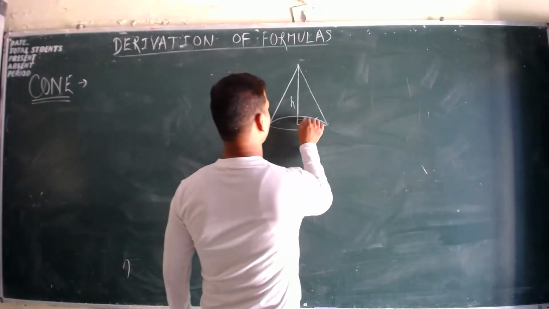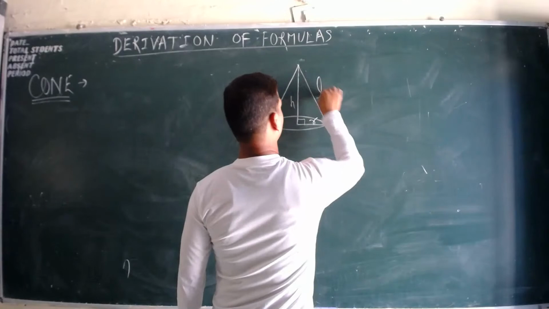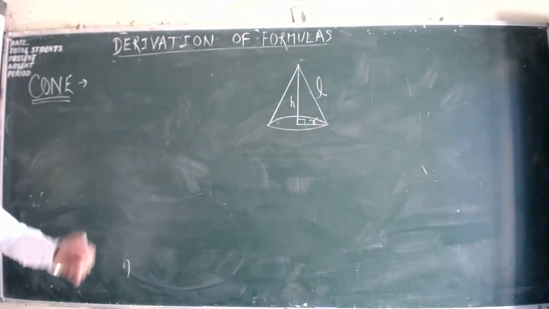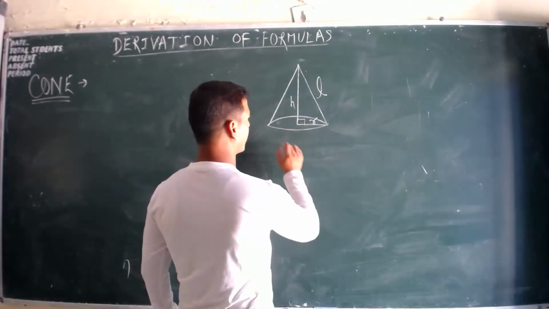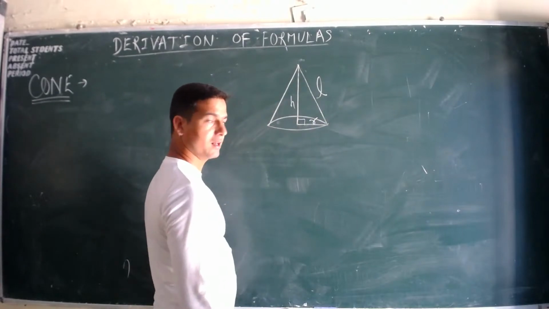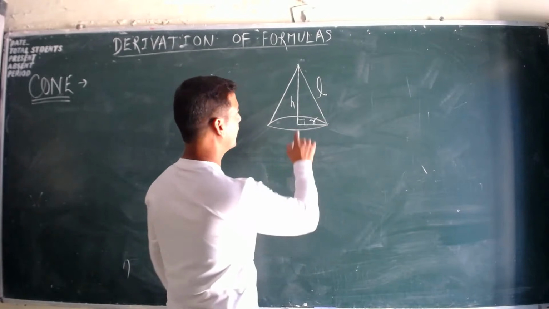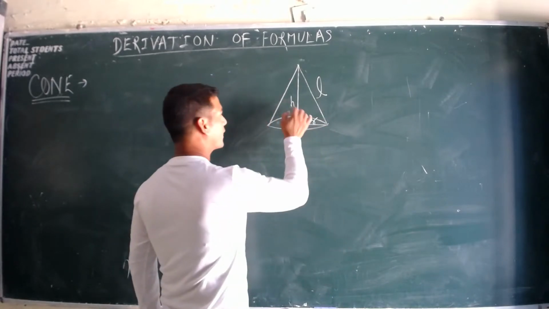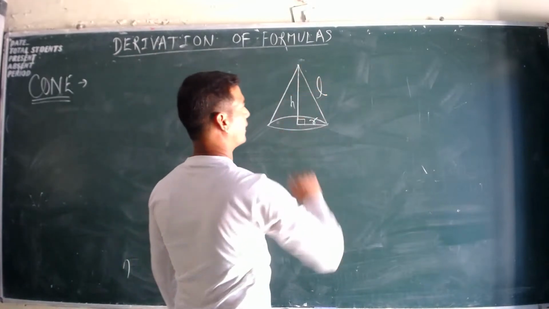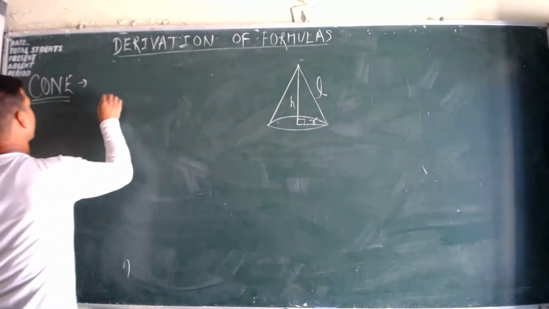And we know the horizontal and vertical line makes 90 degrees. So if you see clearly here we got a right triangle with 3 sides, h, r, and l. h is the vertical line, radius along the horizontal line, vertical and horizontal line perpendicular to each other, and the slant height is represented by l.